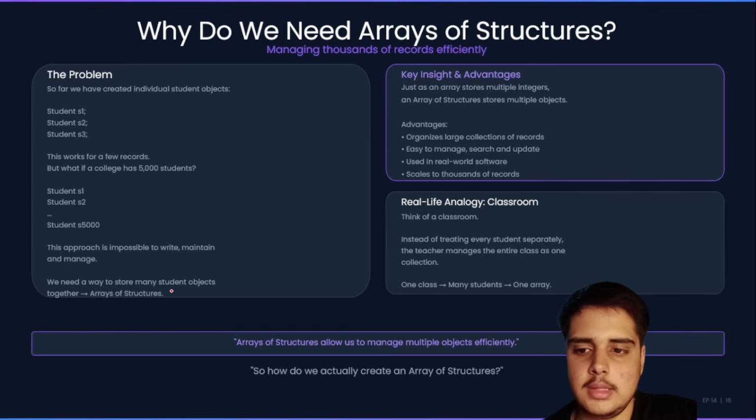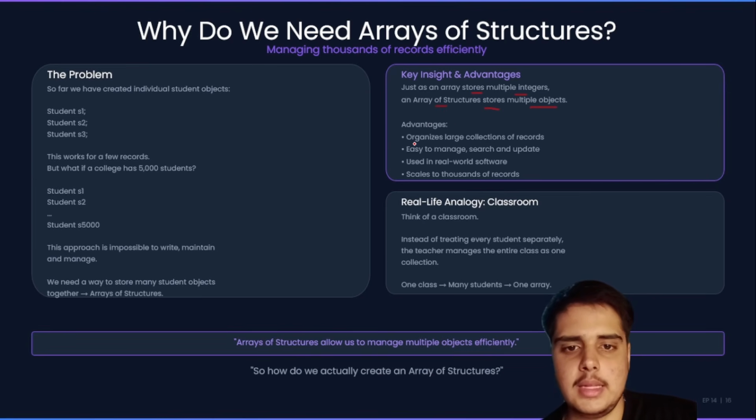So for this we have a solution: an array of structures. Key insight: just as an array stores multiple integers, an array of structures stores multiple objects. Advantages: it organizes large collections of records, is easy to manage, search and update, is used in real world software, and scales to thousands of records.